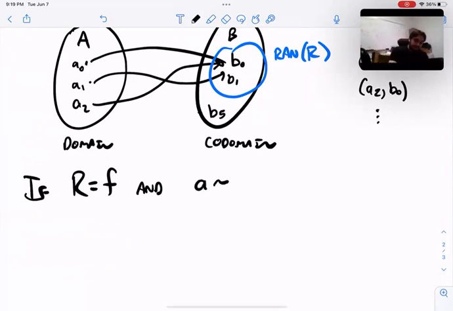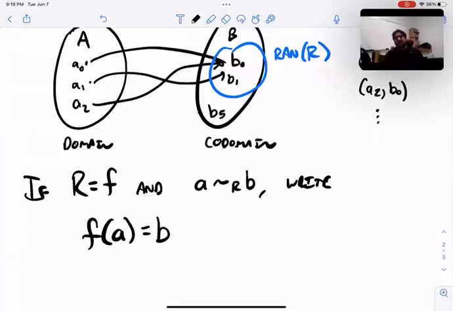And if you have some element A that's related to some element B, then we tend to write F of A equals B. This is how we typically like to denote our functions in, say, college algebra and pre-calculus. This is kind of our favorite way to do it. So this is a common notation.